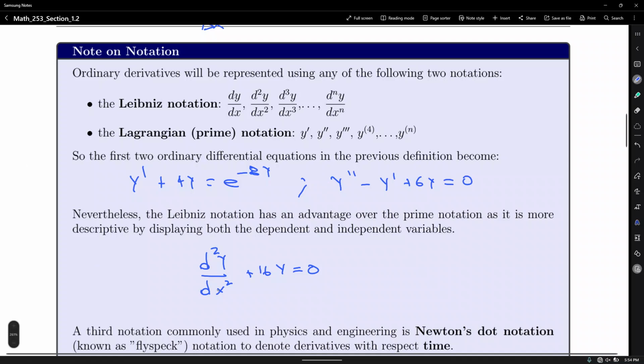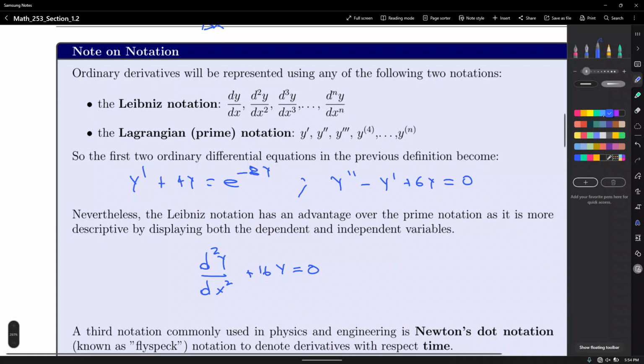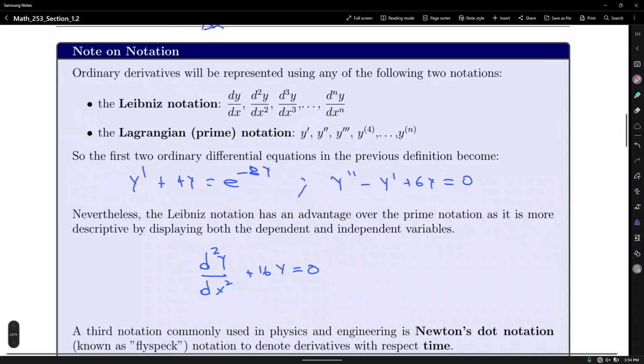So when you have a quotient like this, describing a derivative, second derivative, nth derivative, the variable in the numerator is always the unknown function, and the dependent variable.